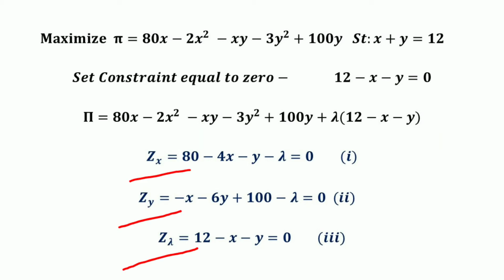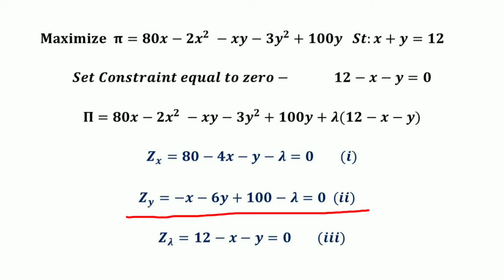Now we are going to take the first order partial derivatives with respect to three variables, that is x, y and lambda. If you take the partial derivative with respect to x, it will become 80 minus 4x minus y minus lambda is equal to 0, which we set as equation 1.